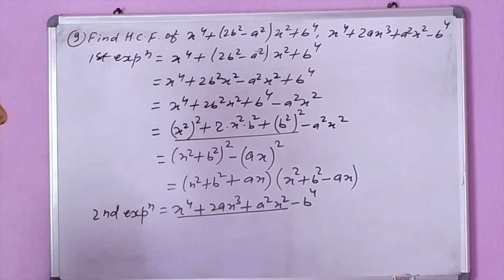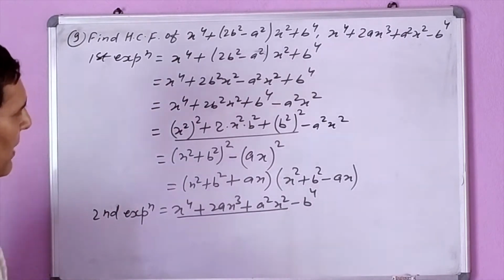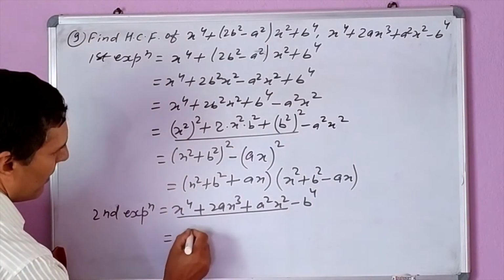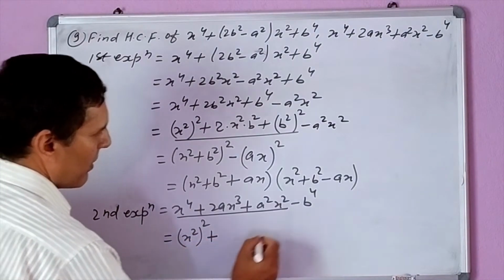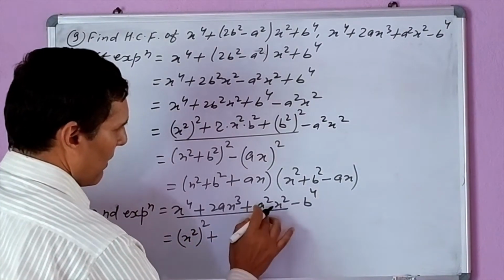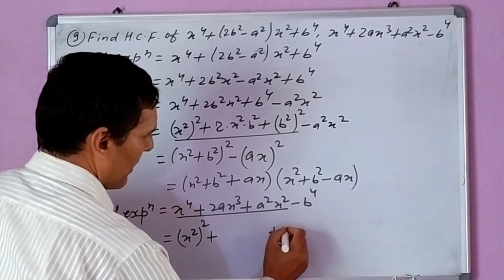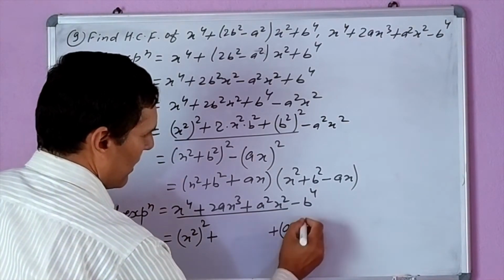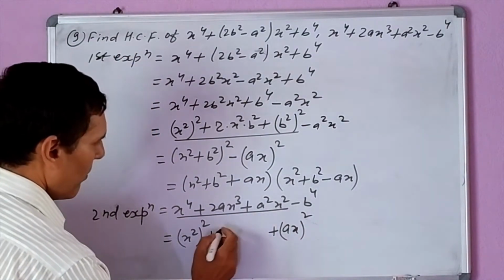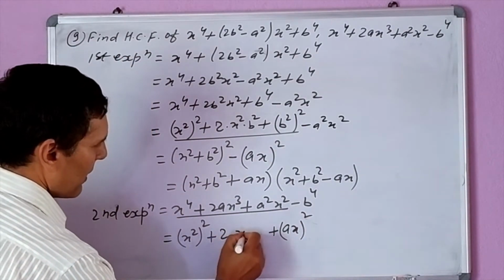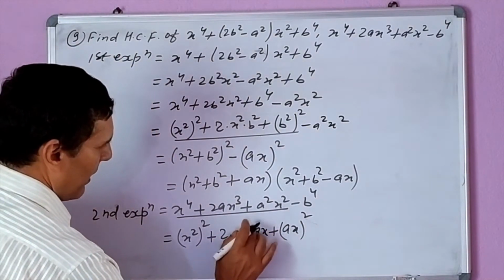They are in the form of a^2 + 2ab + b^2. How? x^4 is the square of x^2, and the last term, a^2x^2, we can write as the square of ax. The middle term we need: 2, a is x^2, b is ax.